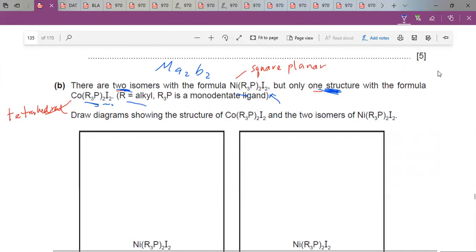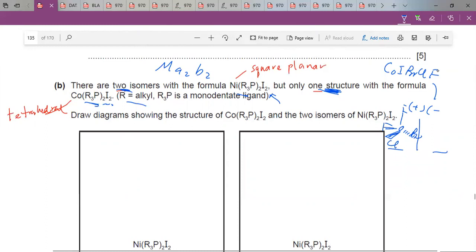But of course, if I have cobalt with I, Br, Cl, F, and it's tetrahedral, it will have positive and negative isomers, because it has a mirror image. You can work out the cobalt IBrClF yourself.